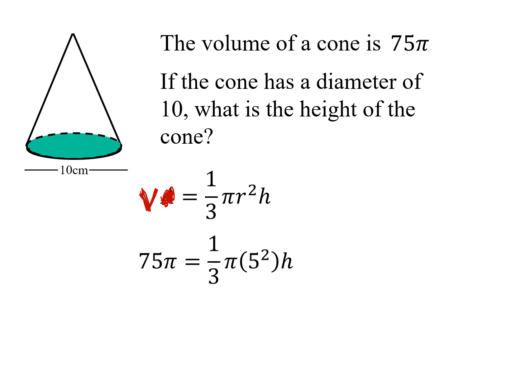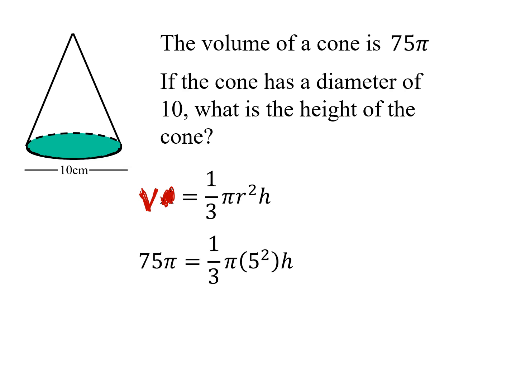So the volume goes right there, and it's equal to 1/3 pi, and then 5 squared because the radius is half the diameter, and then h is really what I don't know. So I'm going to leave that h, and now what I have here is an equation that I have to solve. If I get h all by itself, then I'll know the answer.